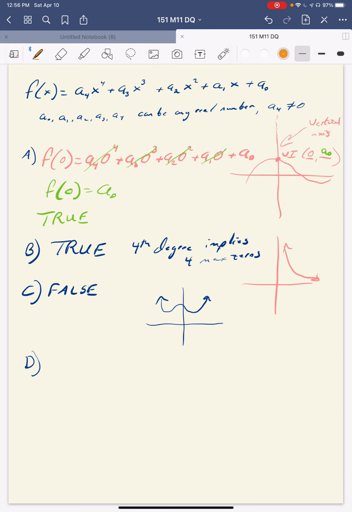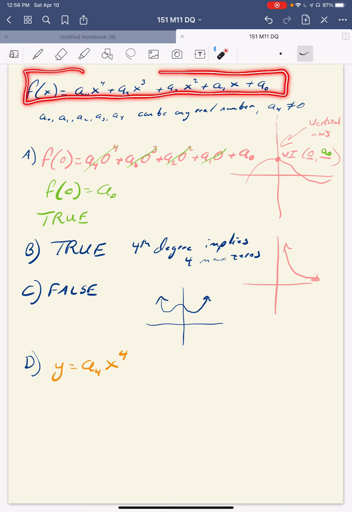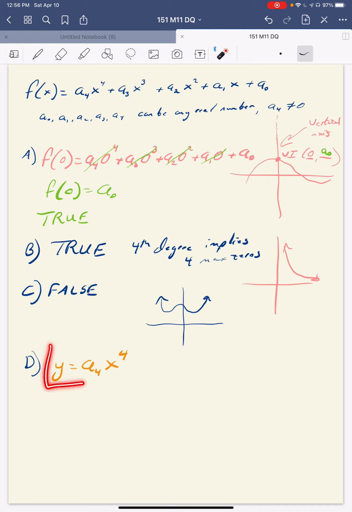So I have y equals a sub 4 x to the fourth power. And the statement is saying that this function right here would look just like this function or behave just like this function. And now this is for large values of x.